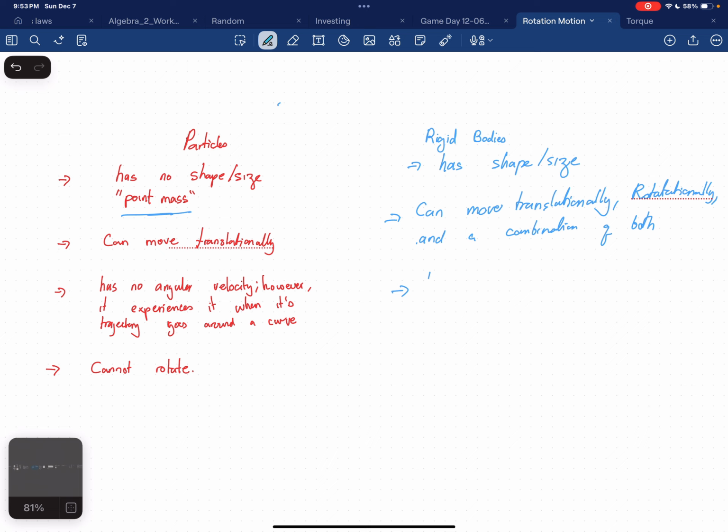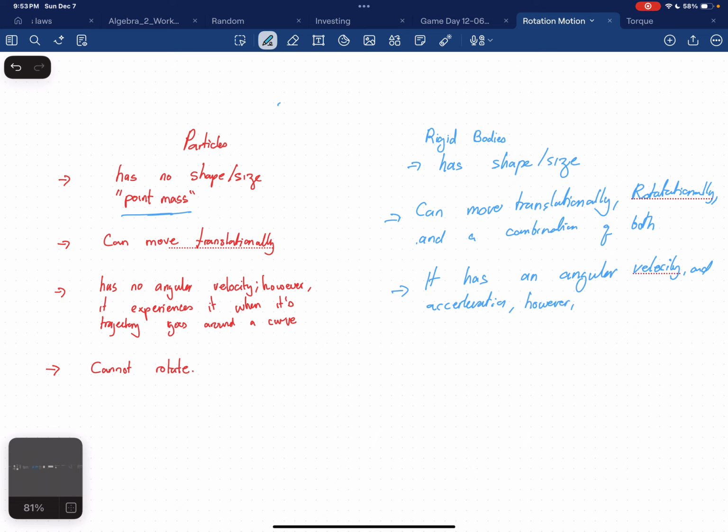It has an angular velocity and acceleration.